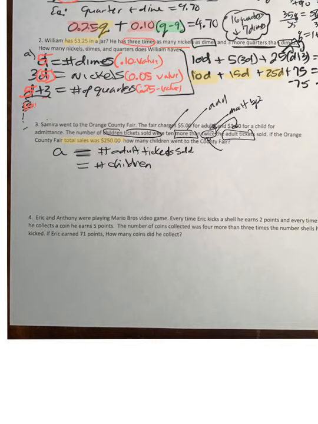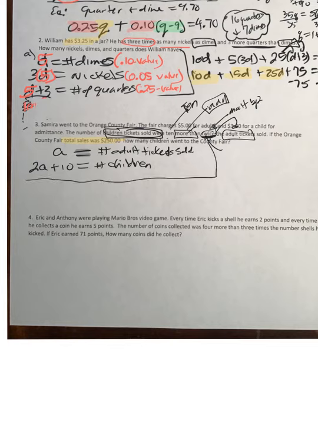So we're going to do 10 more than twice the number of adults, because that's what it says. It says the children's tickets sold were 10 more than, which means we have to add 10 to twice the adults. So we have to multiply by 2. So there's our variable expressions.